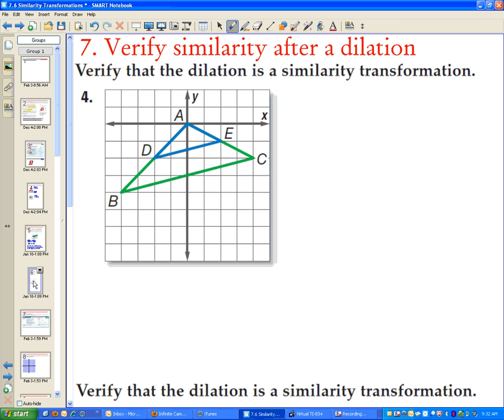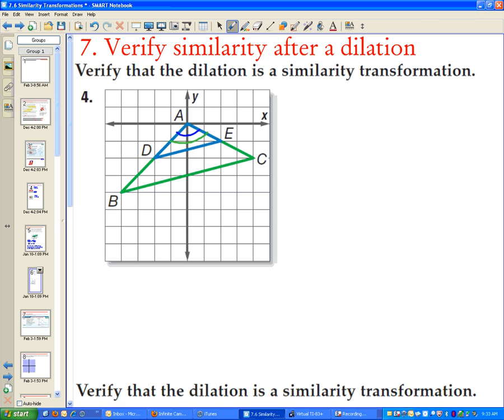Now, one thing we could do is, since we're on a coordinate plane, we could find the length of all 6 sides using the distance formula, and then show that corresponding sides are proportional. But since it's a triangle, we can save ourselves a little bit of work, because isn't angle DAE congruent to angle BAC?